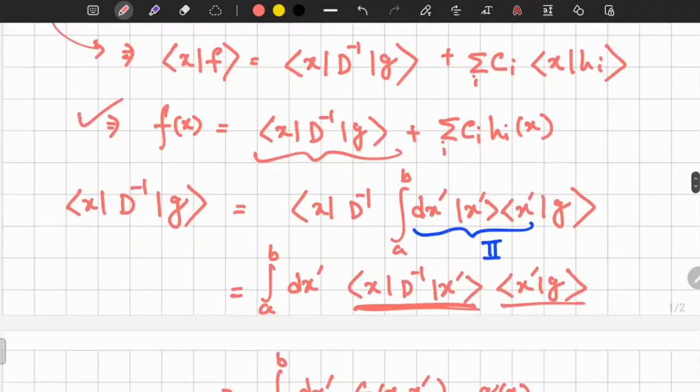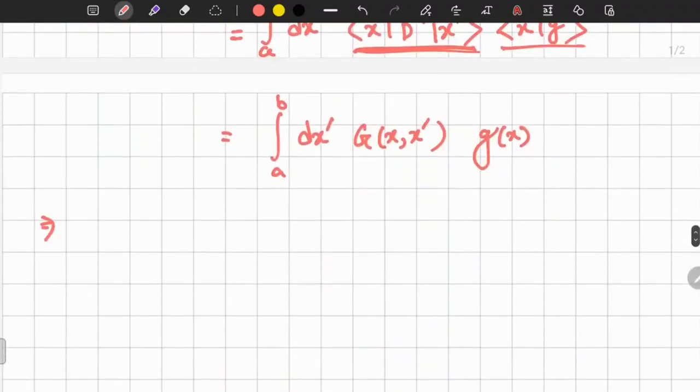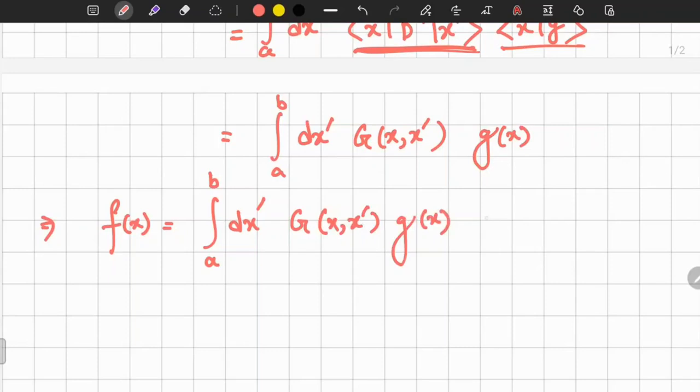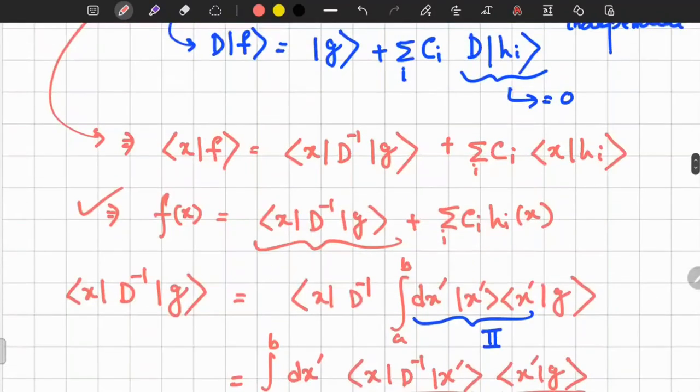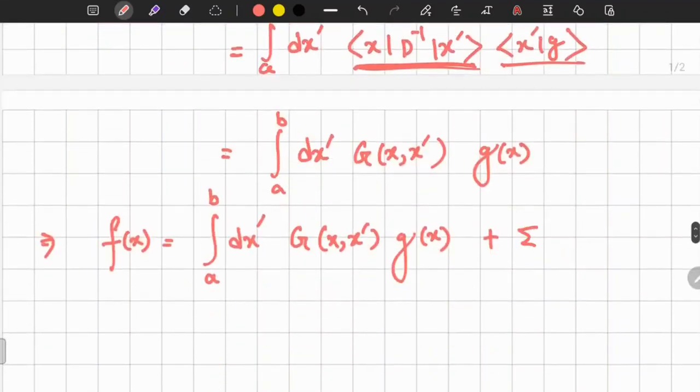So this equation will be essentially f(x) is the integration a to b dx prime, g(x, x prime) g(x prime), plus this part, summation over c, h over x.